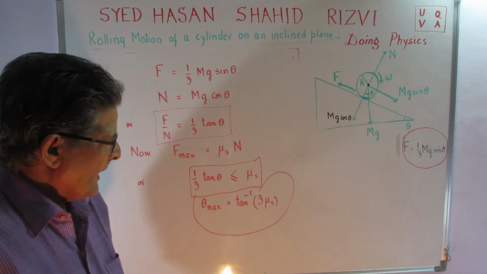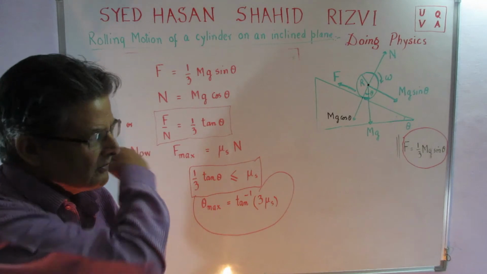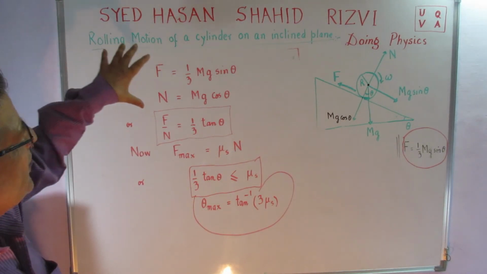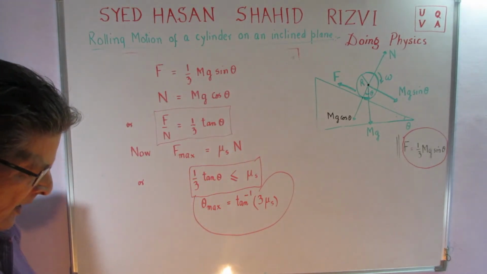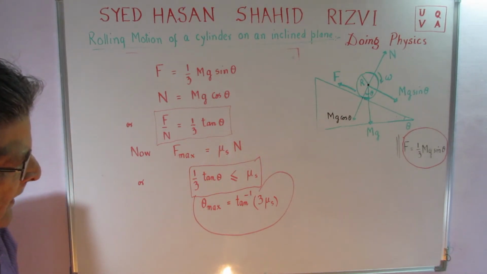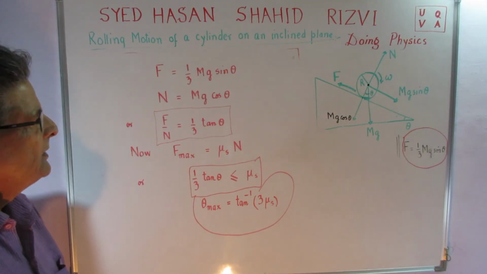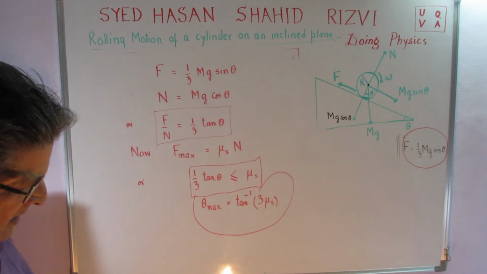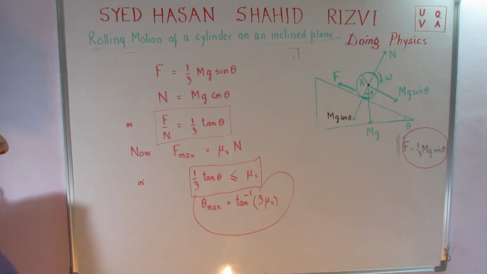So friends, with this case study, with the example that we took, we discussed the rolling motion of cylindrical bodies. Also we took an example where a spherical body is going down the plane, and before that we learnt about the moment of inertia, the torque and their interrelationship.